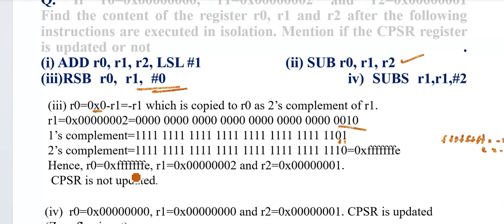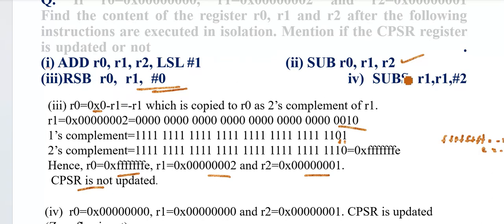So the answer in R0 is FFFFFFFE, which is minus 2. R1 is the original 2, R2 is 1. And here also CPSR is not updated because there is no S.